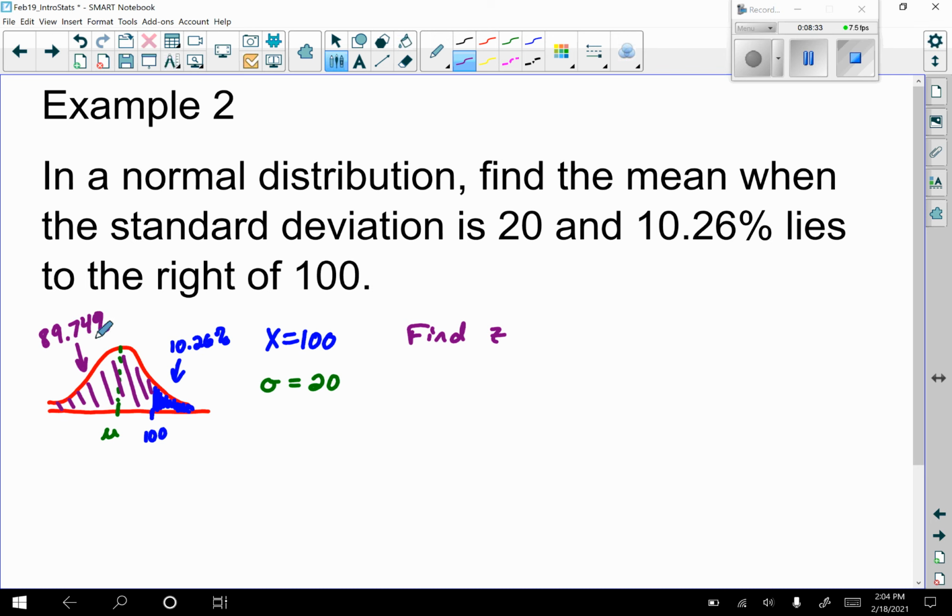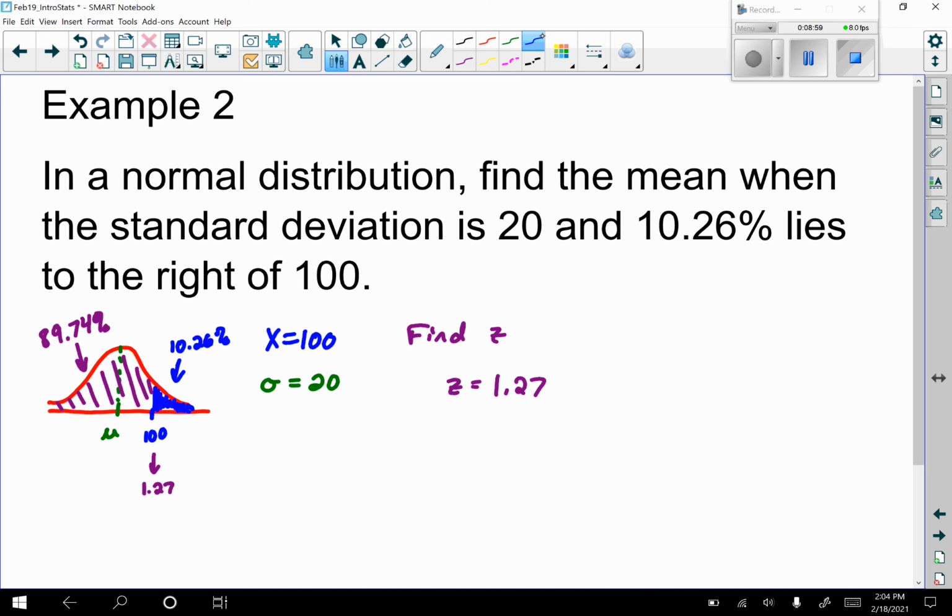So this is the area we're going to type into the calculator. We should be getting 1.27 for z. So this translates into 1.27 on a standard normal distribution.